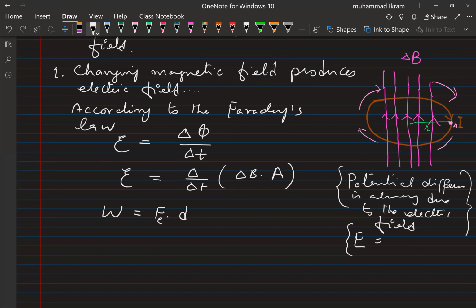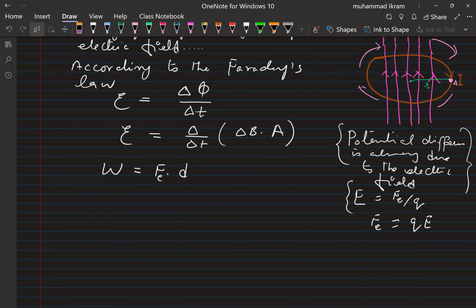Because we know that electric field intensity is the electrostatic force per unit charge. So what does this mean? That this electrostatic force is equal to Q into E. Now, this work done will be equal to the electrostatic force per unit charge into the work done while moving the charge around the circular path, and that path is 2 pi r.